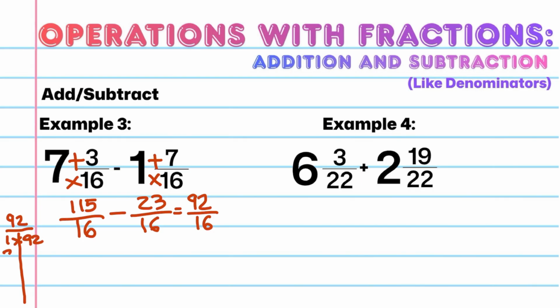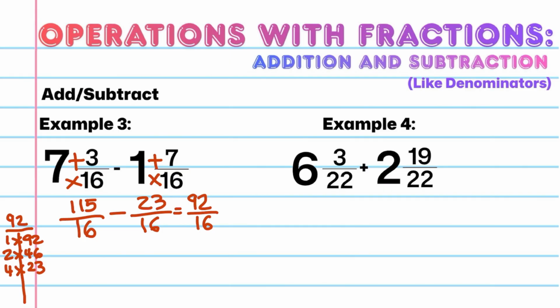We have 2 times 46 is 92. 3 doesn't go into 92. 4 times 23 is 92. 5 doesn't go into 92. 6 doesn't go into 92. Neither does 7. Neither does 8. Neither does 9. I think we found all of the factors of 92.